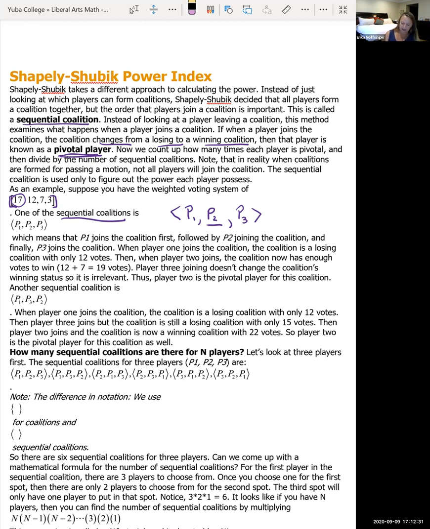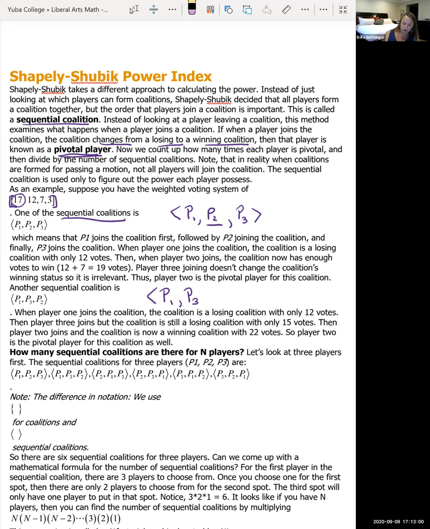So let's look at it. If P1 was the first player to join the coalition, remember they only have 12 votes, quota is 17, so they didn't win. So we're not going to underline it. P3 comes in next. Well, they have the 12 votes for P1 plus the 3 votes for P3. 12 plus 3, that's 15 votes.